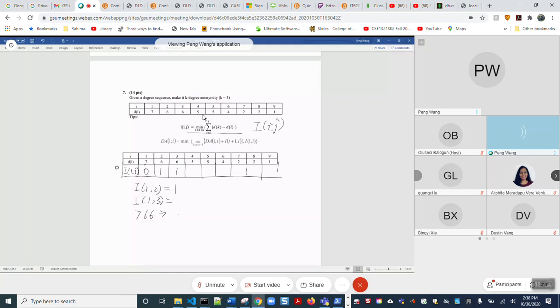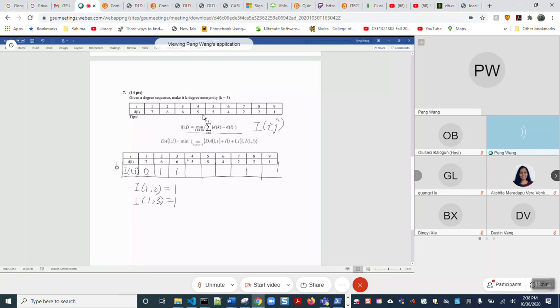We can either make all of them 7 or all of them 6, and the costs are both 1. And I13 means to make 7, 6, 6 the same group. If we make all of them 7, the cost is 2. If we make all of them 6, the cost is 1. We select the minimum one, so I13 is also 1.